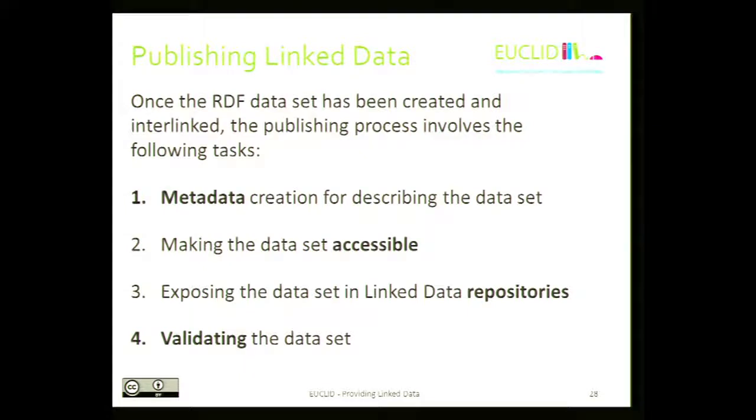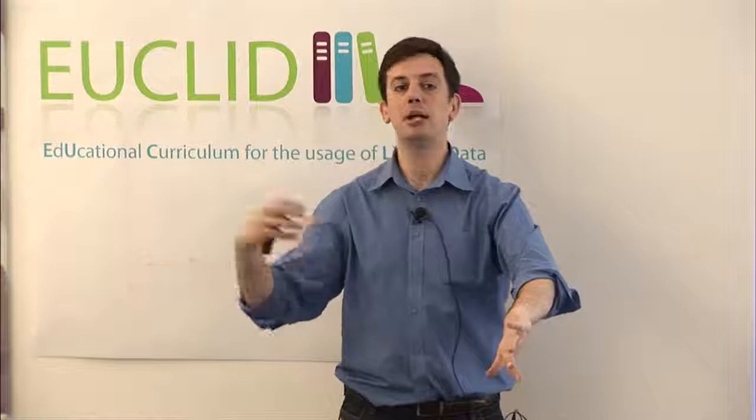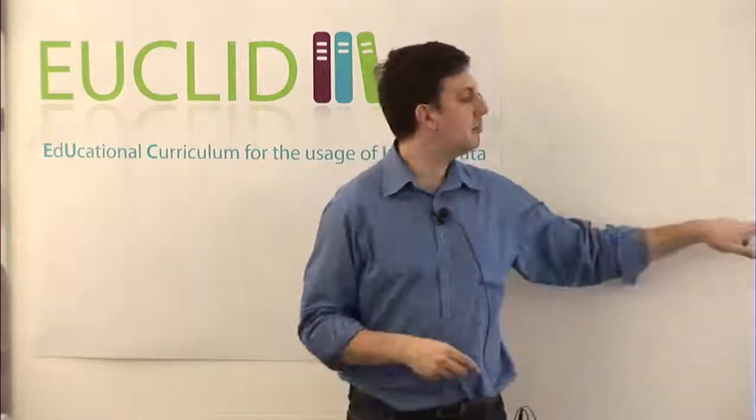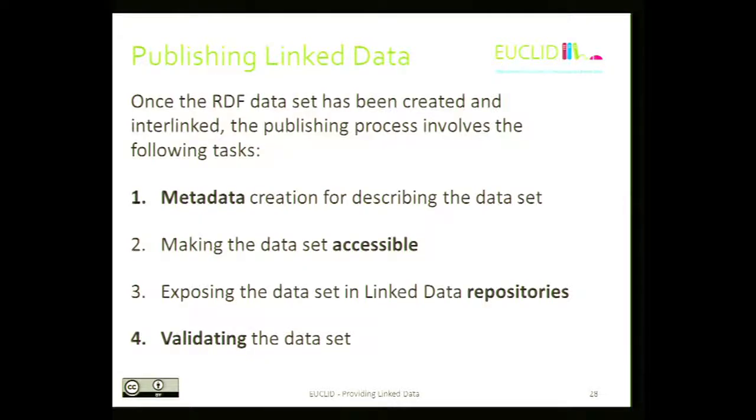So we reflect on the data to give other people an abstract view in metadata, or data about the data. There's best practice for making it accessible, giving people access to it. Okay? There are repositories for telling people what the metadata is and where and how the data is available. And there's an amount of validation that we should do in the wild.